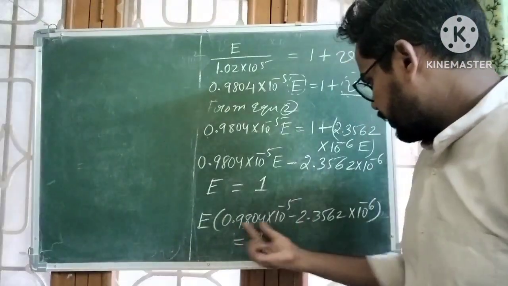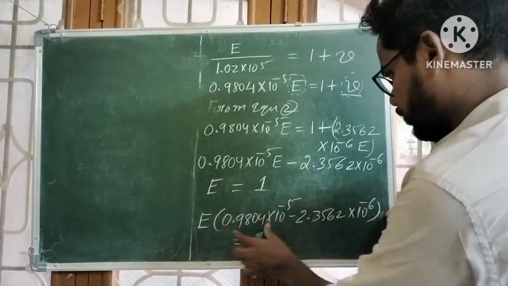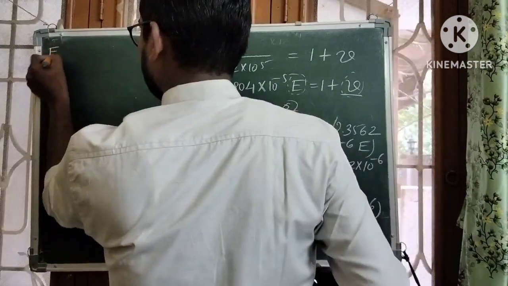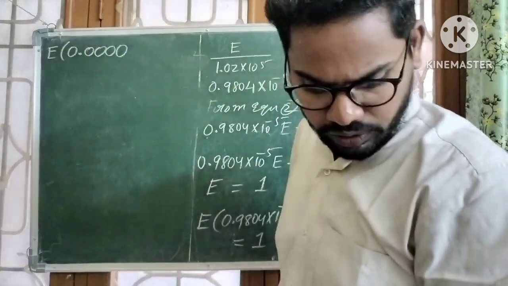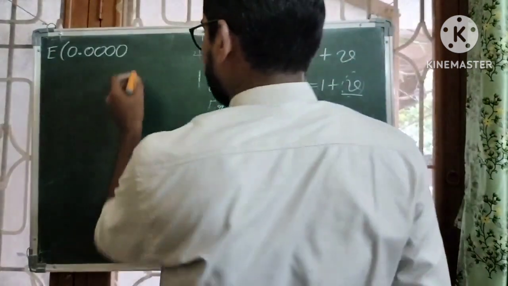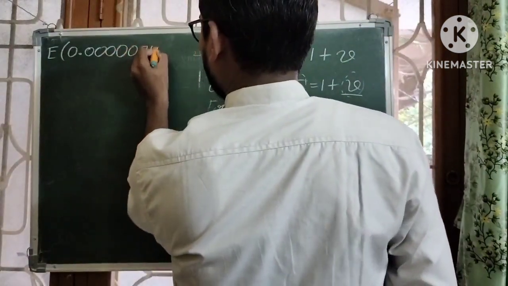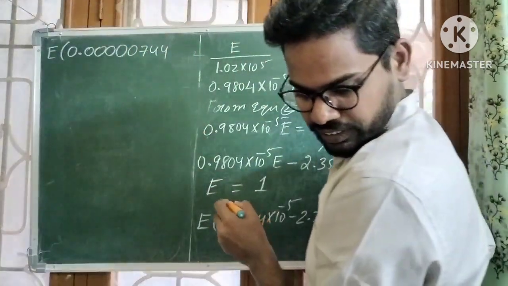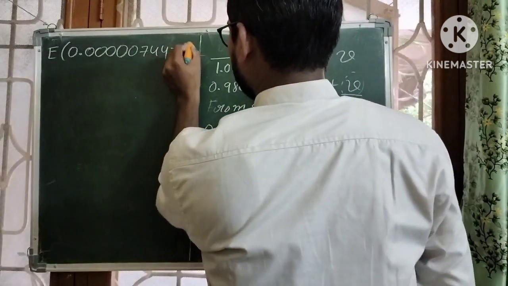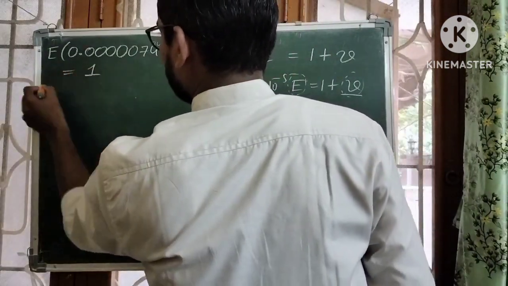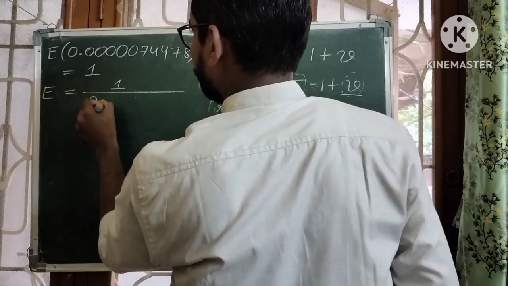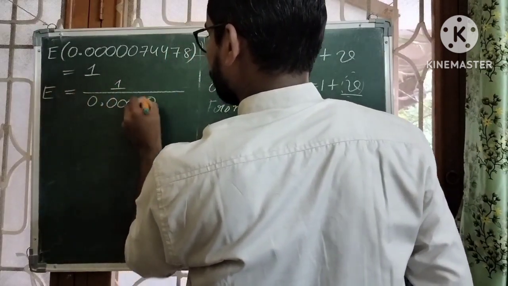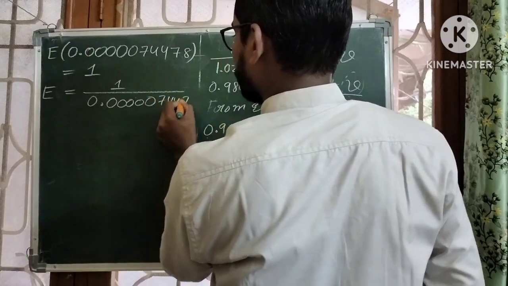So if you calculate this value, you will get E into 0.000074478 is equal to 1. Transpose this value, you will get 1 by 0.000074478.